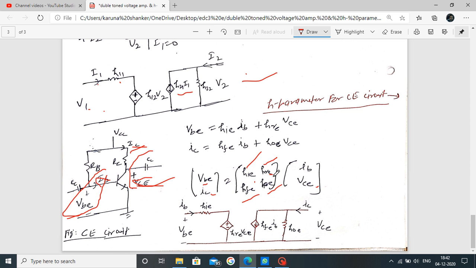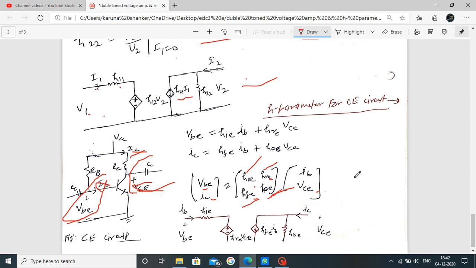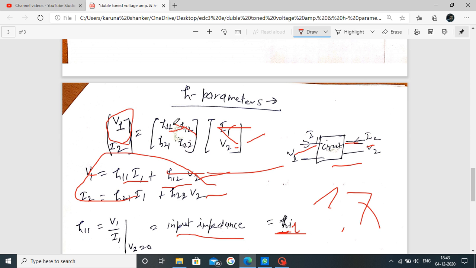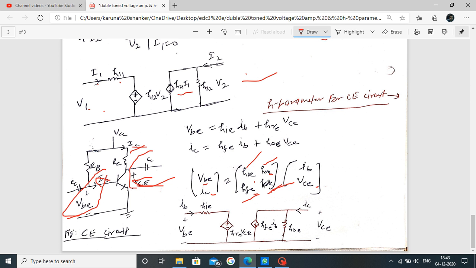Here also we use E, and this parameter also uses E. Overall, in the place of H11 we use HIE, and HFE similarly. Overall we replace all the parameters with these notations using the suffix E, and we obtain the H parameters of the common emitter circuit.